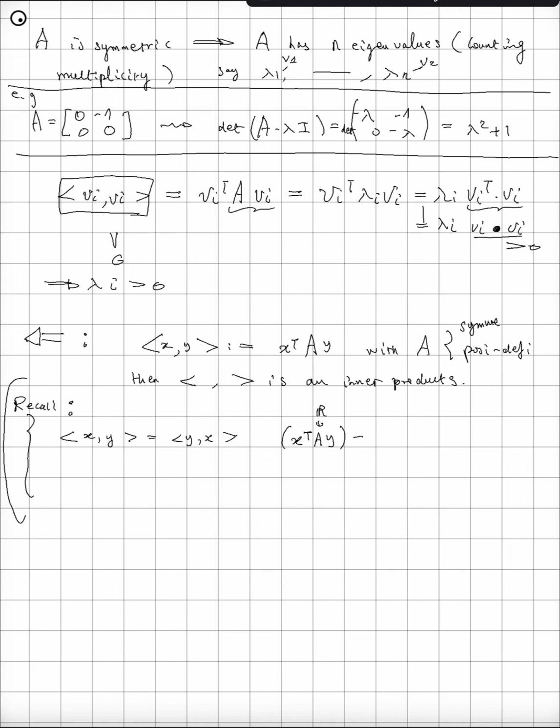Of course, it equals its transpose. The transpose becomes y transpose A transpose, but A transpose is A because A is symmetric, and then x. But this exactly corresponds to the right hand side, and so this is true in our case.